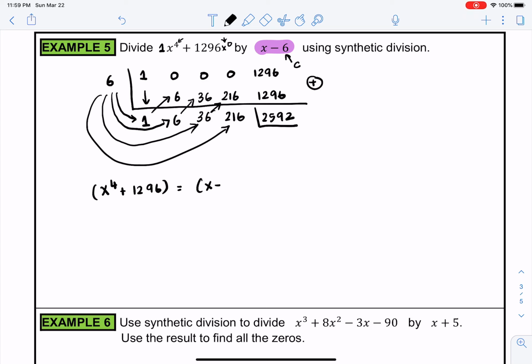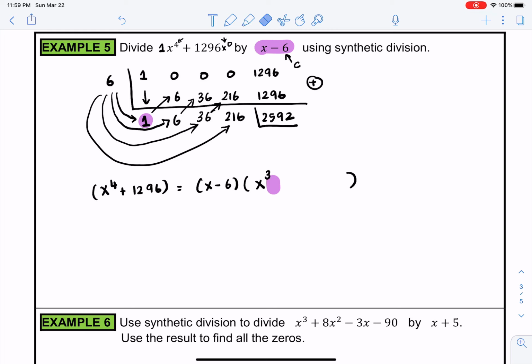X minus 6 multiplied by the quotient. Keep in mind, the original polynomial had a degree of 4, so we start with degree 3, x cubed. The coefficient of x cubed is 1. So 1x cubed is x cubed.